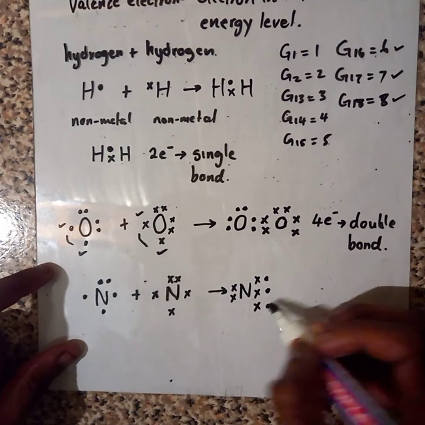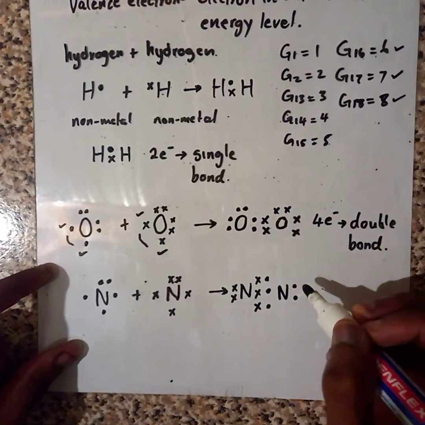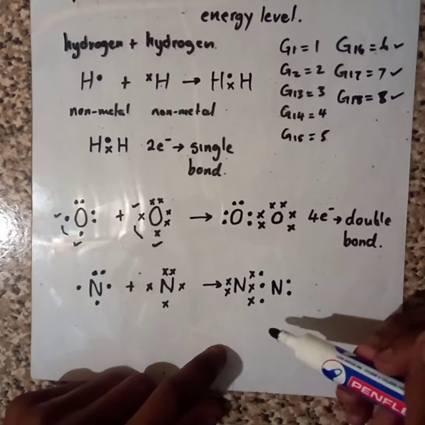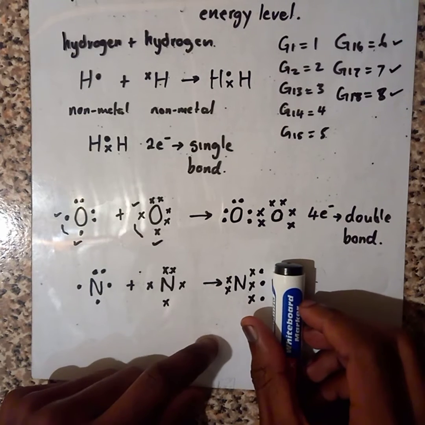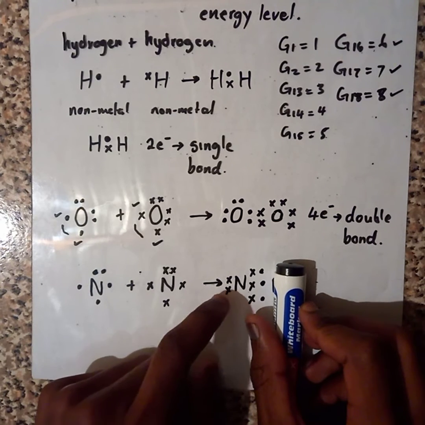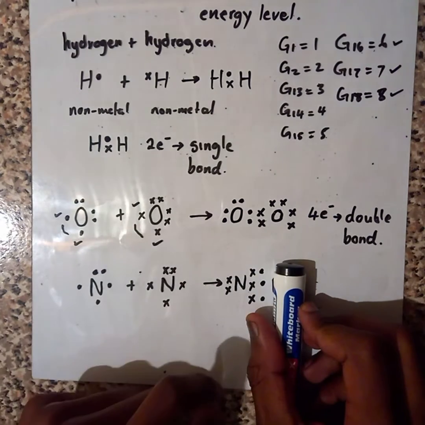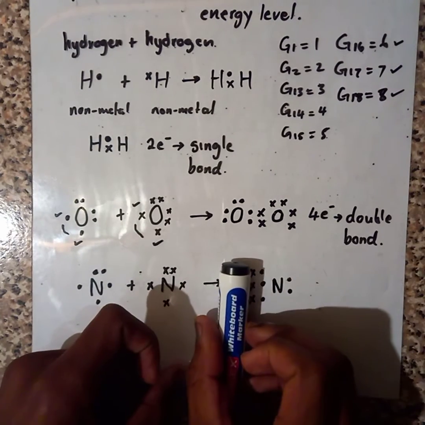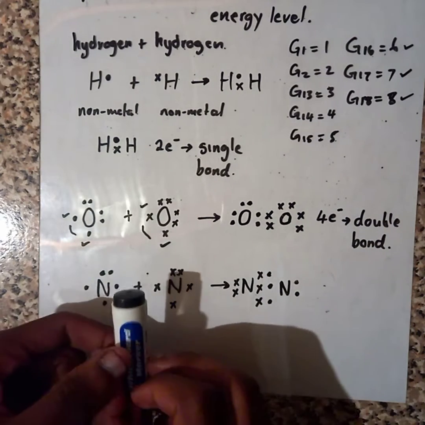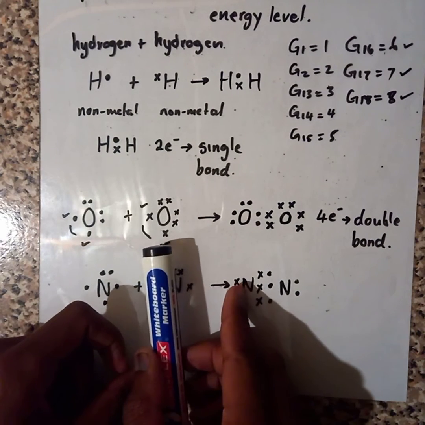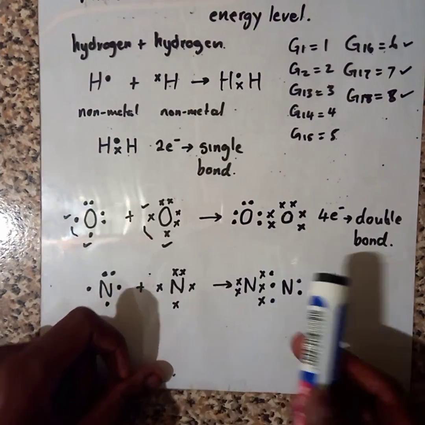Then at the end of the day, they must satisfy what? An octet rule. If I decide to hide this one, let us count the entire 6 already, 7, 8. I have 8 electrons. Same applies if I hide this one. I have 6 plus 2, which is 8.